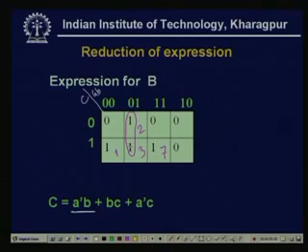Now, for this couple it will be A dash C. And for this couple it will be B C. So, A dash B plus B C plus A dash C.